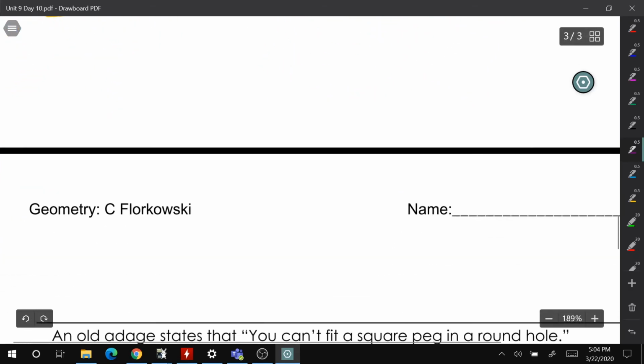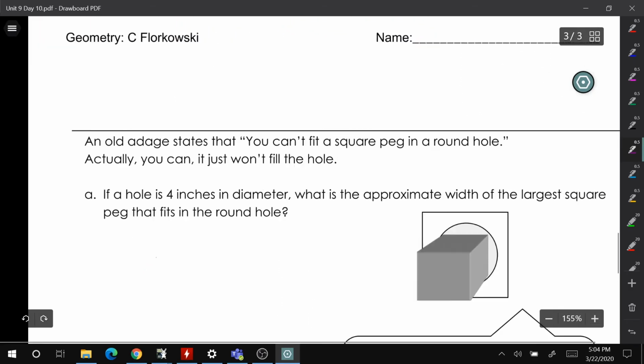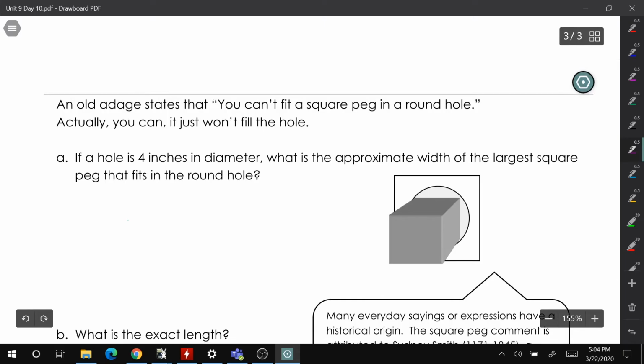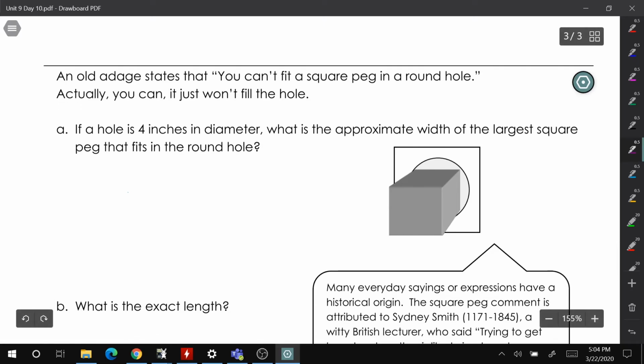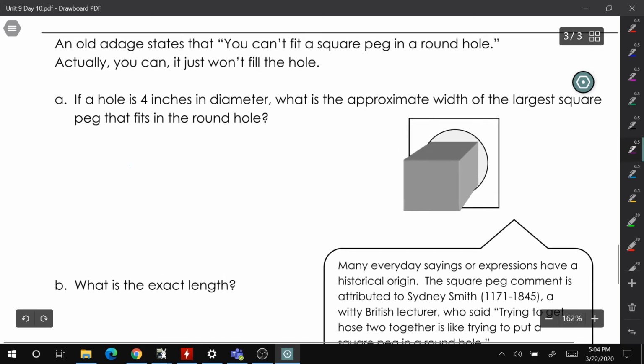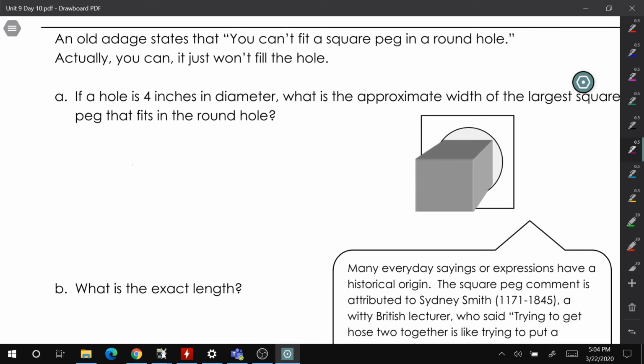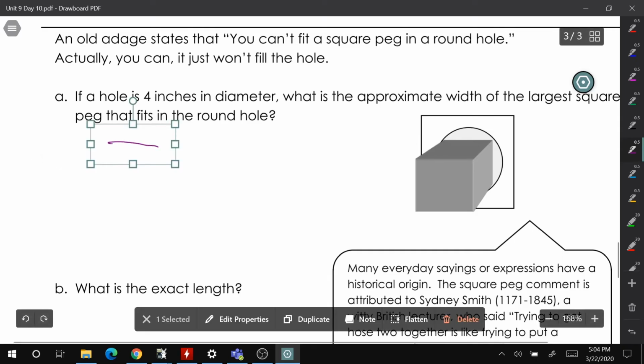Alright, let's look at the last example on the last page. You may have heard of the saying that you can't fit a square peg in a round hole. You actually can, if the square is small enough. So we're going to pretend that we have a round hole that's 4 inches in diameter. I'm going to draw that.